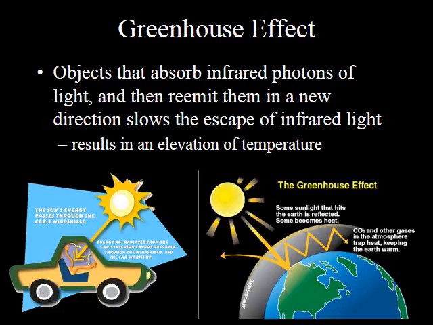So the windows of your car are similar to the atmosphere of the Earth. The lower atmosphere will absorb infrared light but doesn't let visible light interfere. So the visible light from the sun will stream through the atmosphere with no interference.